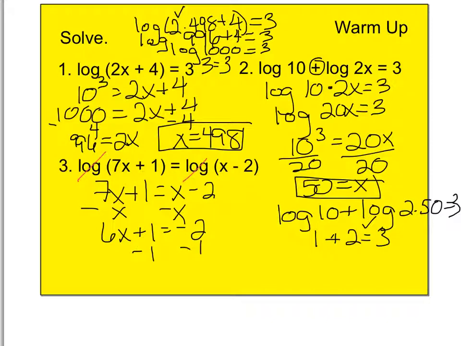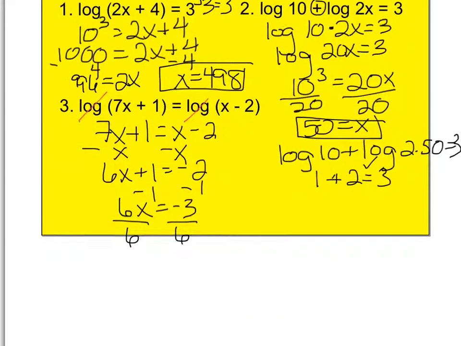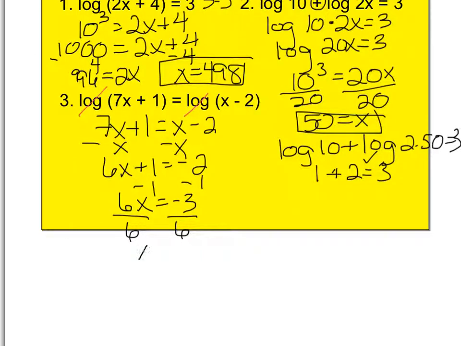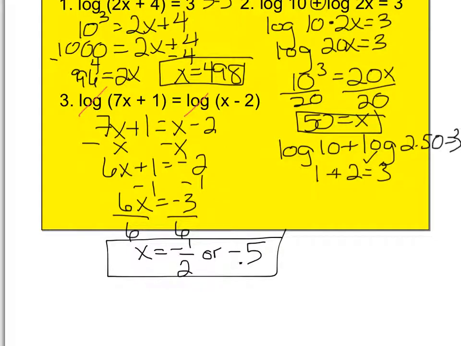Subtract 1. 6x equals negative 3. Divide both sides by 6. So x equals negative 1/2 or 0.5. And there are your 3 answers for the warm-up.